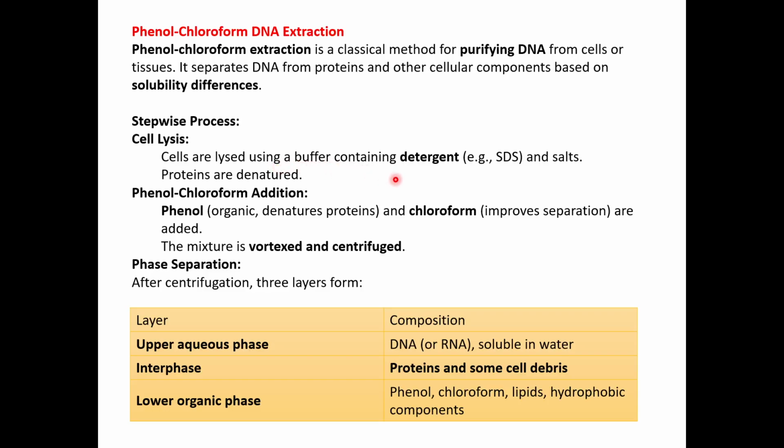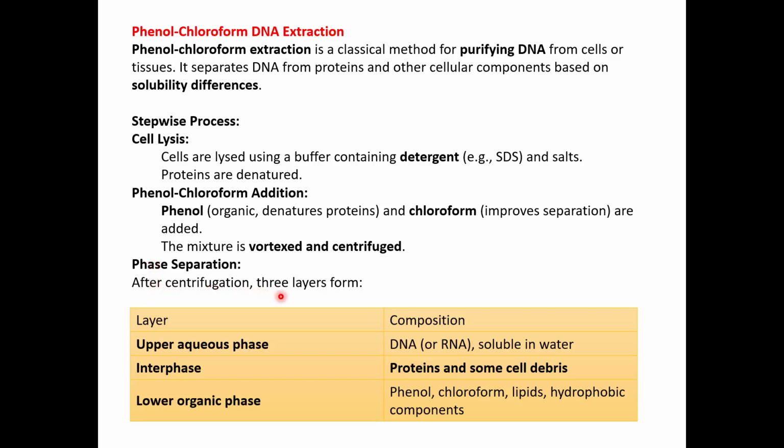Cells are lysed using buffers containing detergents like SDS and salts. Then proteins are denatured and phenol chloroform is added. Phenol is organic and it denatures proteins. Chloroform improves the separation, and then the mixture is vortexed and centrifuged. Phase separation occurs when you centrifuge it.